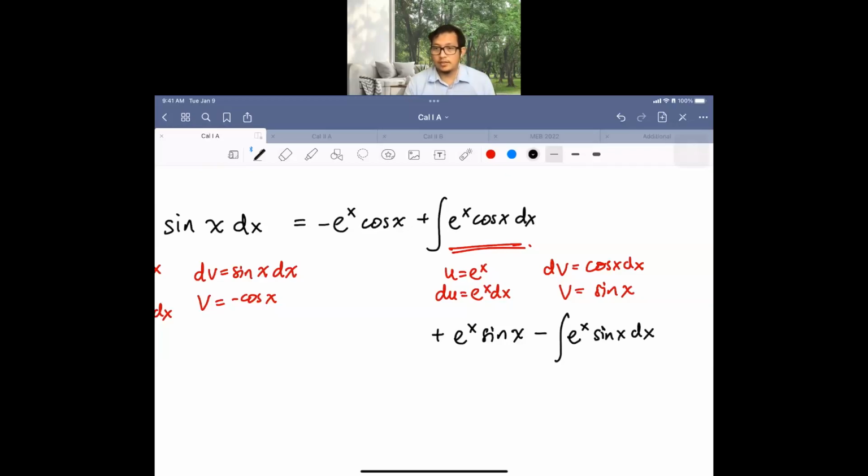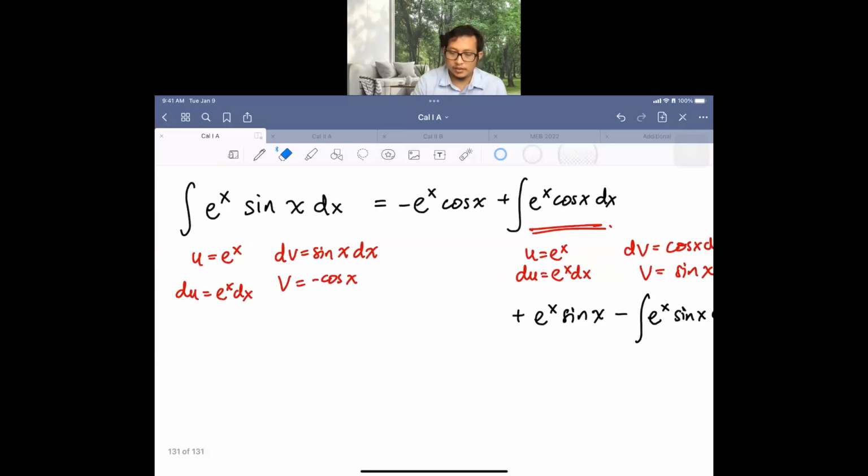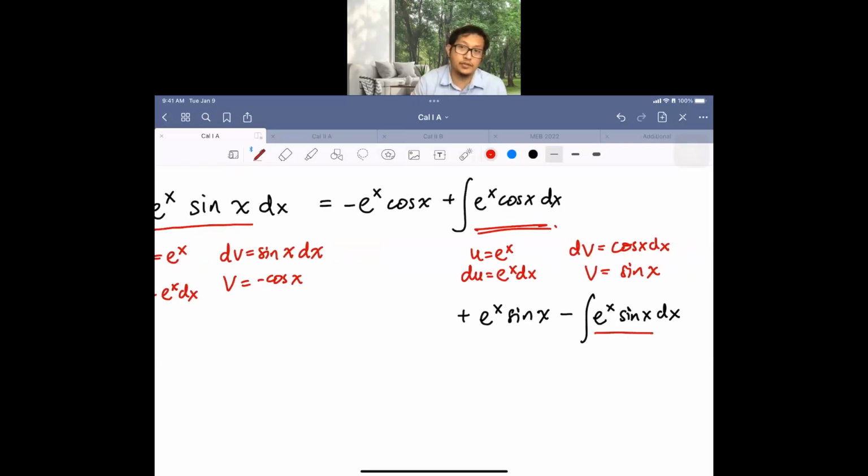If you are not focused, you will try to do one more thing here, u dv, and then you will do repetitions. You will do cycling. But if you carefully stop here, you will see that the original function in the question is the same thing as your integration, then we can finish this.